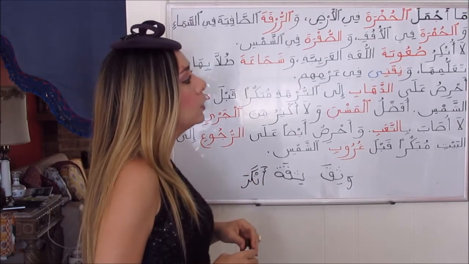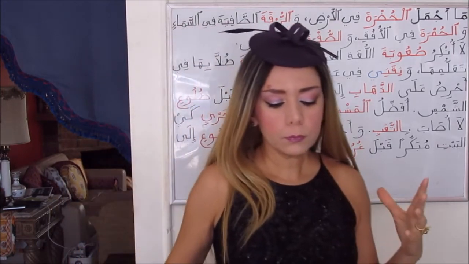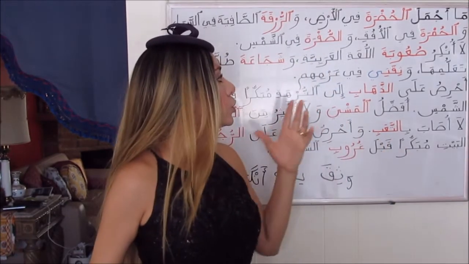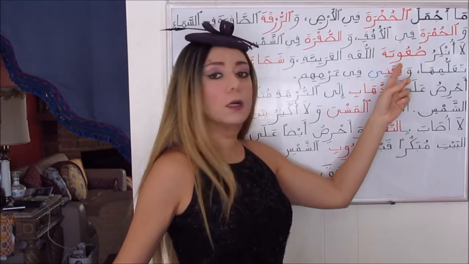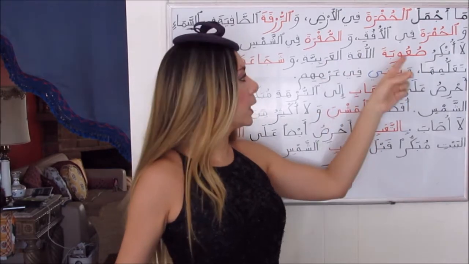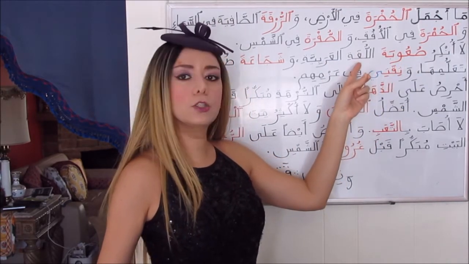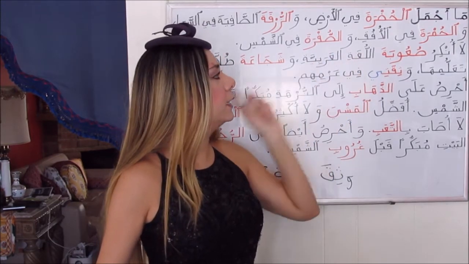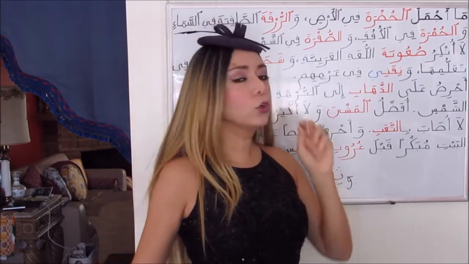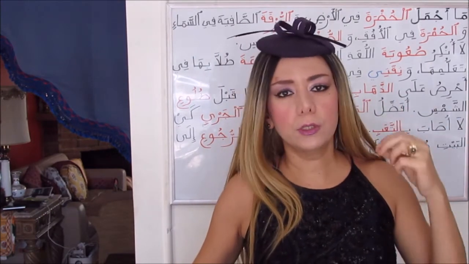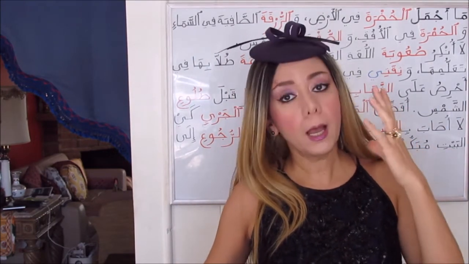So لا أنكر, I don't deny, from the verb أنكر. I don't deny the difficulty of the Arabic language. Here we have a genitive construction. صعوبة, the verbal noun, plus the second term and its modifying adjective. I don't deny the complexity or the difficulty of the Arabic language.